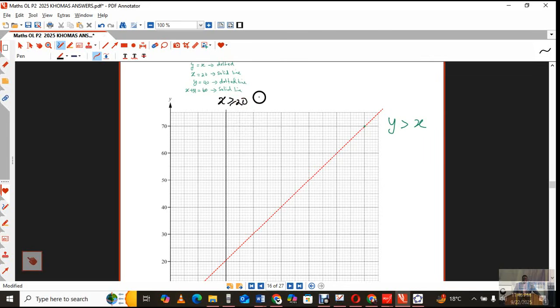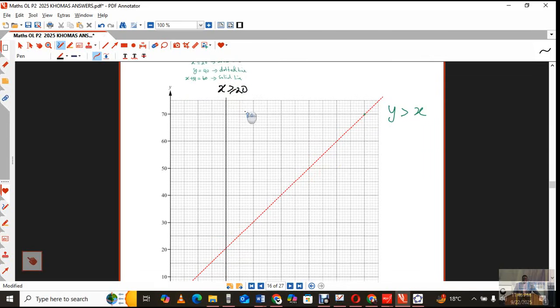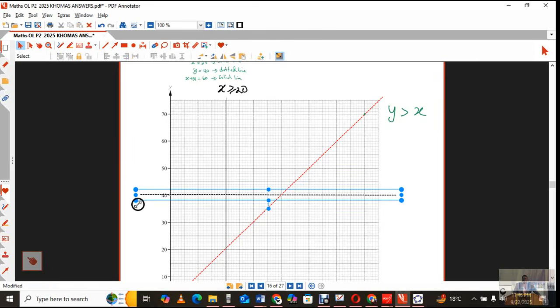Next one that I'm going to draw, y equals 40. That one is also a broken line. So y equals 40 over here. Okay, y equals 40.